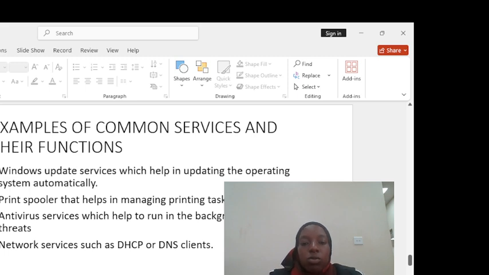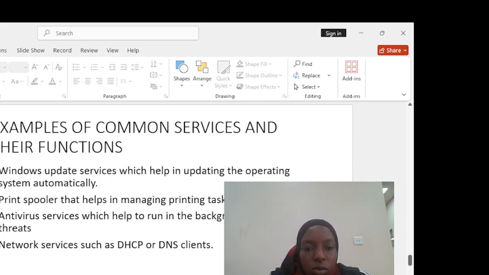Then I'm going to discuss the examples of common services and their functions. Our first example is Windows Update service, which helps in updating the operating system automatically. Then we also have Print Spooler, which helps in managing printing tasks.